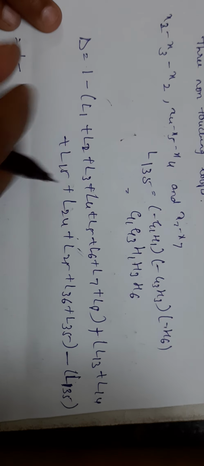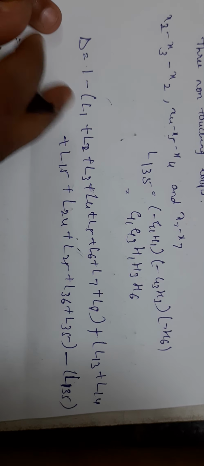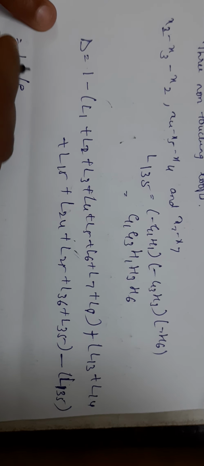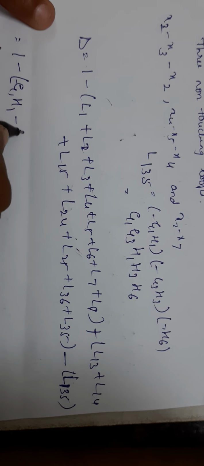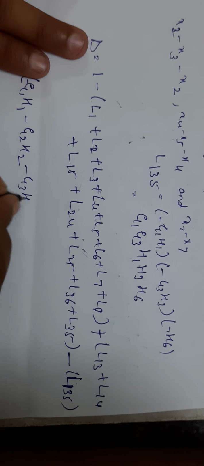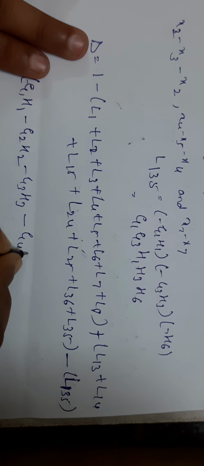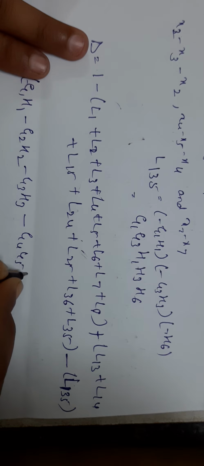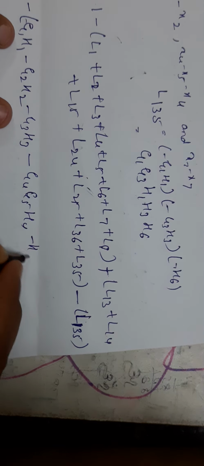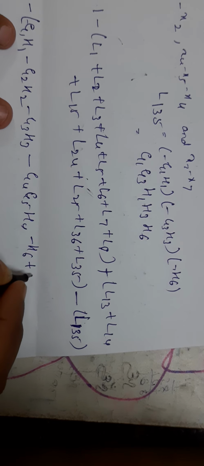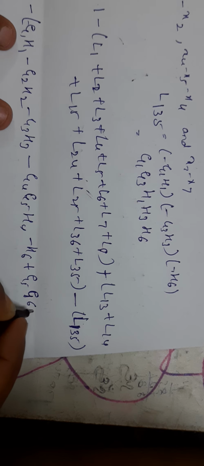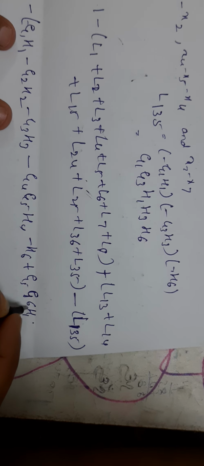What is delta? 1 minus L1, L2, we have to fill in all the things. Minus G1 H1, minus G2 H2, minus G3 H3, minus G4 G5. All the terms you have to write here. Okay, all the L1, L2, L3, L4, G5 G6 H1 H5.